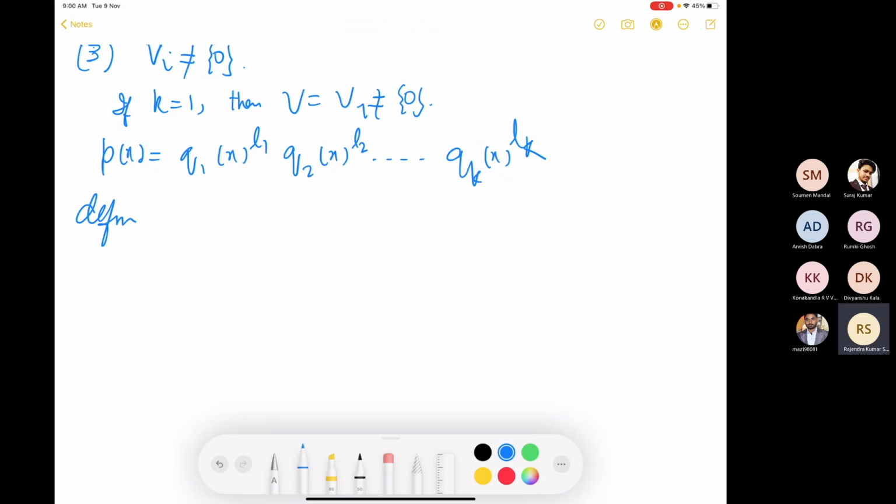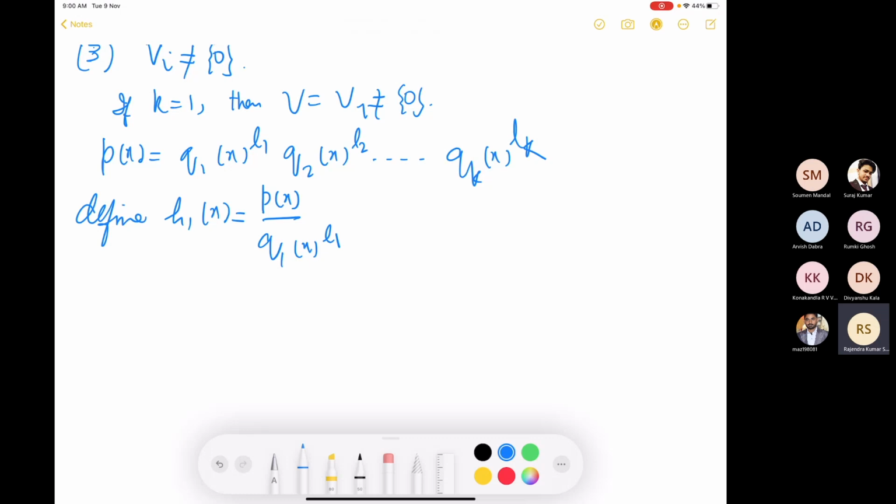You can define, say, h1(x) as p(x) divided by q1(x) power L1. So you can define this for every j.